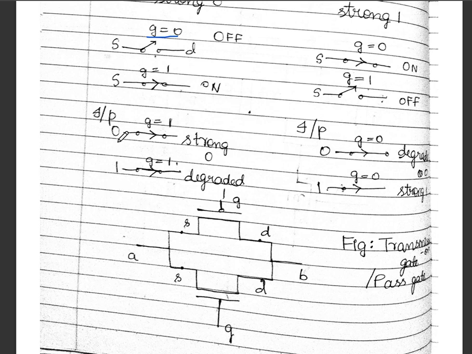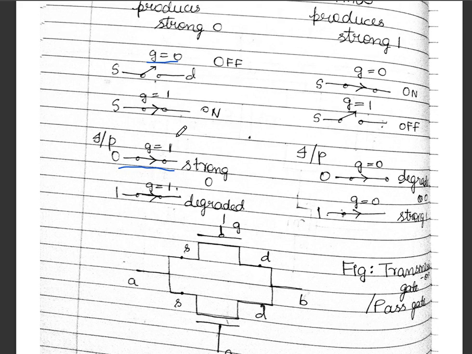Now we'll look into strong 0, degraded 1, degraded 0 and strong 1. Here you can see when G is equal to 1, we'll get the output as 0, and hence we represent it as strong 0 because we are getting the entire value of 0 and not the approximate value. Next, when we give G is equal to 0 to the PMOS transistor, we'll get degraded 0, which means the entire output is not obtained and partial output is obtained.